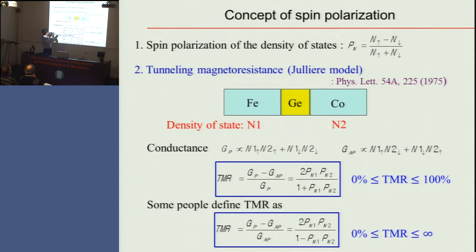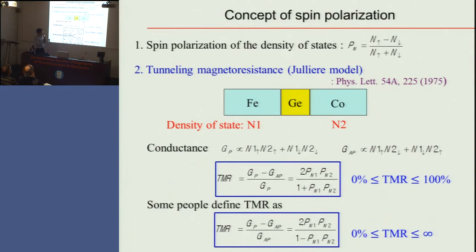Let's say the spin polarization, if we define it like that: spin up and spin down populations are represented by n up and n down. The difference of population you could write this way. This is defined as the spin polarization in one ferromagnetic material.